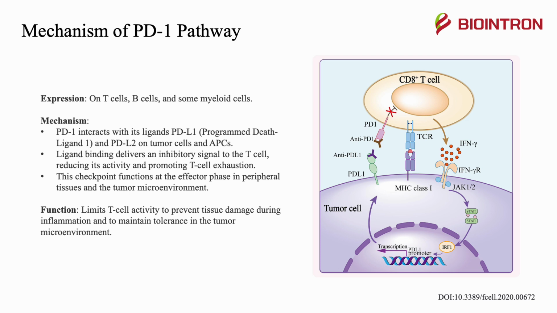This checkpoint functions at the effector phase in peripheral tissues and the tumor microenvironment. The function of the PD-1 pathway is to limit T cell activity to prevent tissue damage during inflammation and to maintain tolerance in the tumor microenvironment.